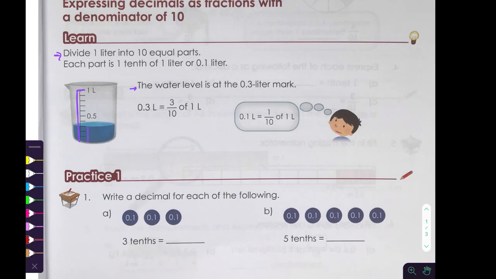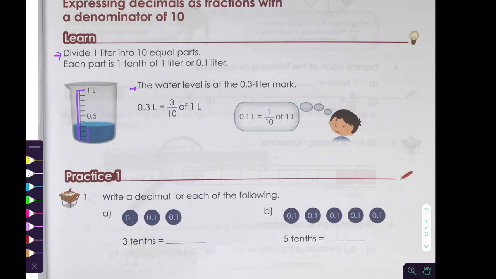The level is not 3. The level is 0.3 liter mark, or 3 out of 10 of 1 liter. The whole thing is 1 liter, which we divided in 10 equal parts, and we only filled up this jar or cup to 0.3 liter.